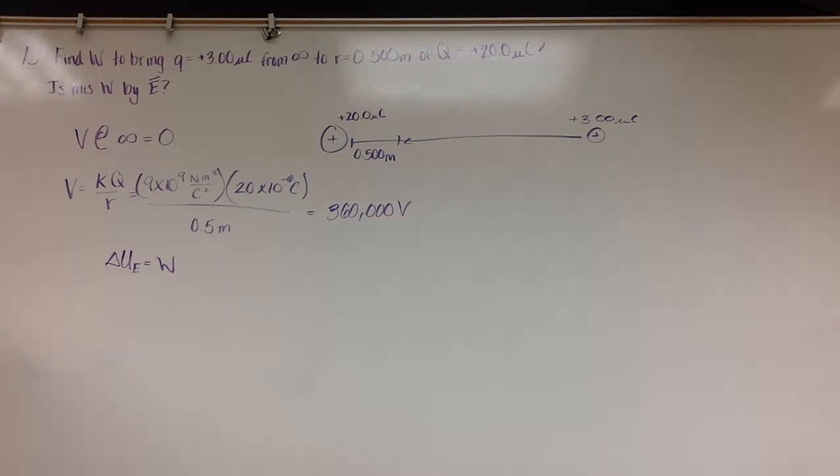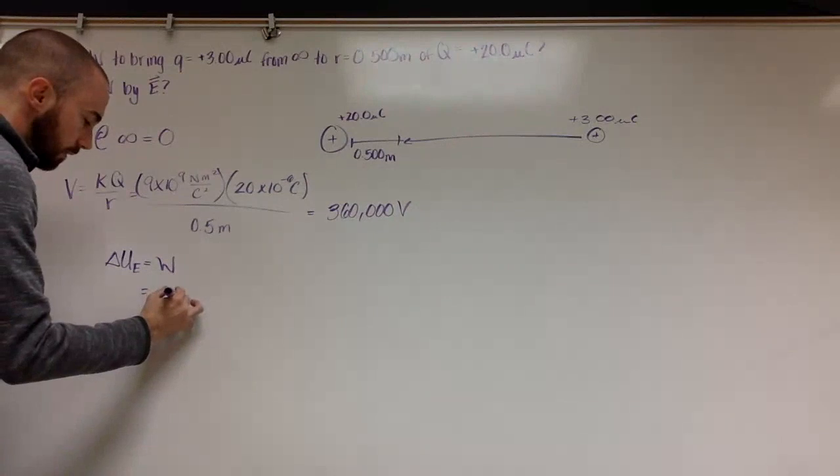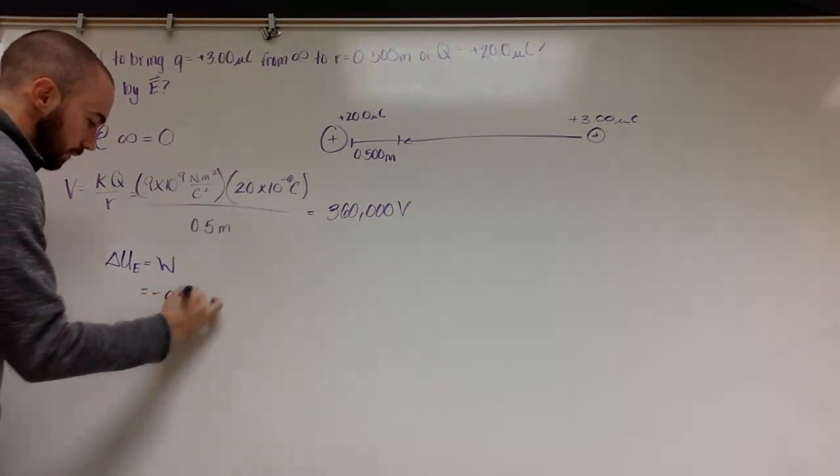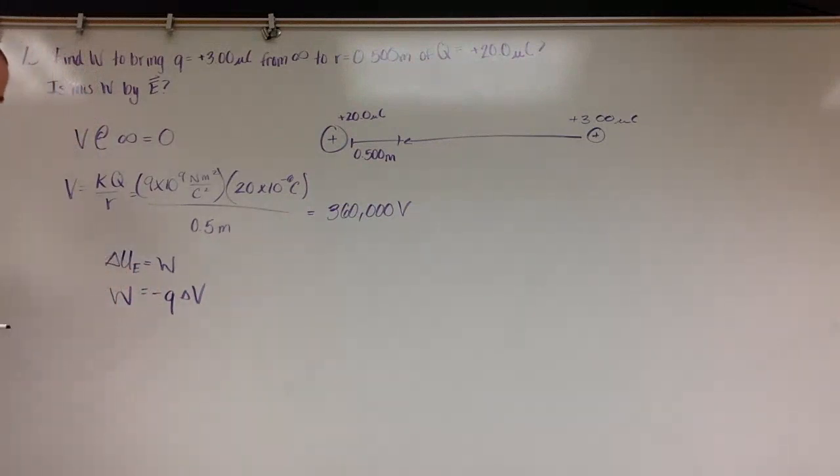Electric potential energy we represent by negative work, and work is just going to be negative Q delta V, because that's what our electric potential energy is equal to.